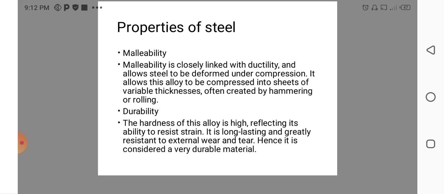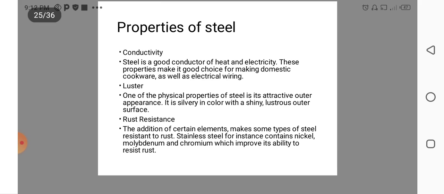Durability. Hardness of steel is very high, reflecting its ability to resist strains. It is long lasting and greatly resistant to external wear and tear. Hence, it is considered a very durable material. Conductivity. Steel is a good conductor of heat and electricity.